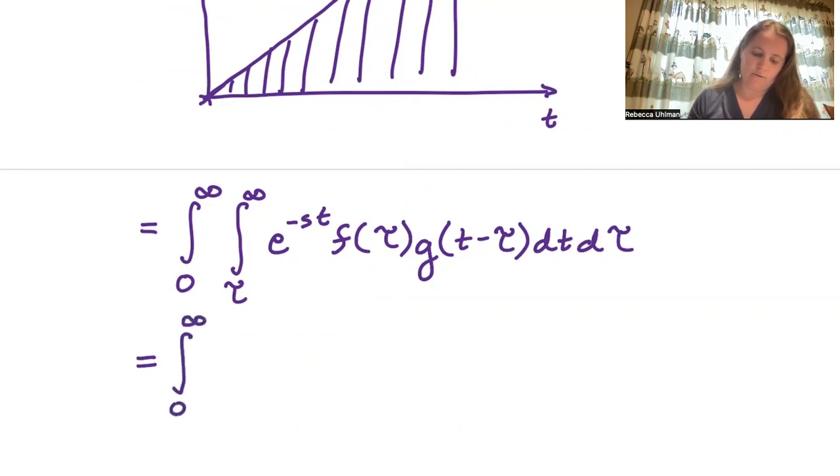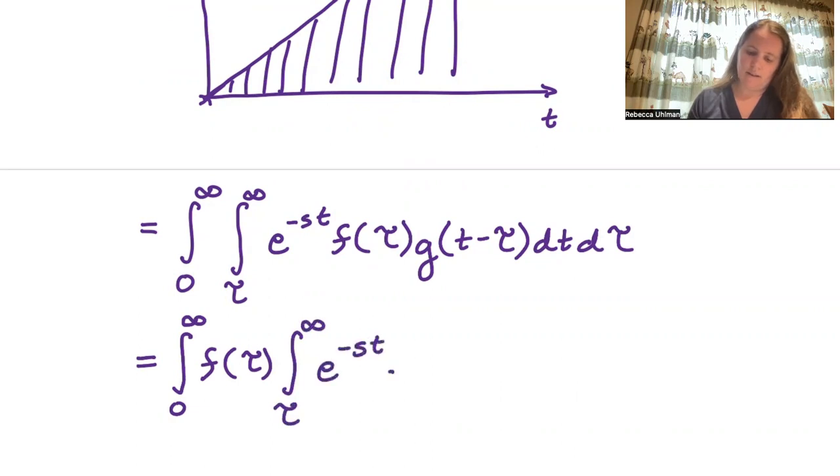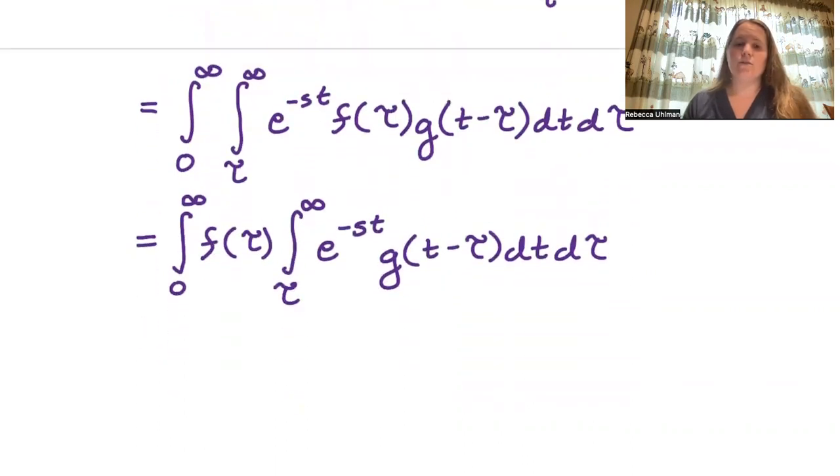So we have the definite integral from 0 to infinity of f of tau times the definite integral from tau to infinity of e to the negative st g of t minus tau dt d tau. So now we're going to do a slight change of variable.